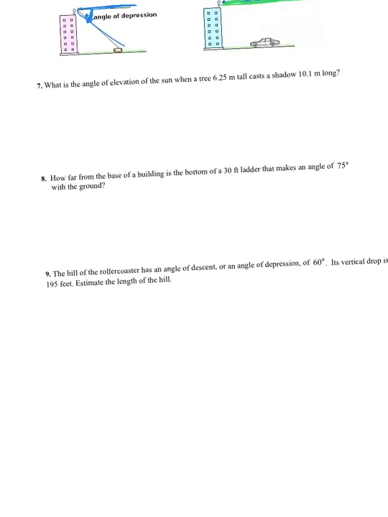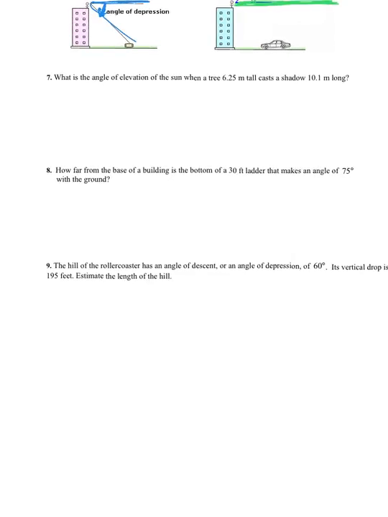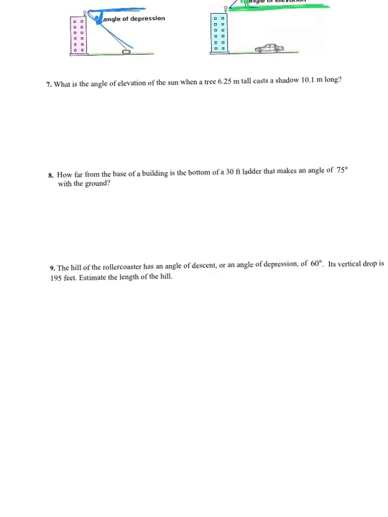So number 7 says, what is the angle of elevation of the sun when a tree 6.25 meters tall casts a shadow 10.1 meters long? All right, so I'm kind of a visual learner, so I'm going to draw a tree. Okay, and then we have the sun, which I'll just put here. Just think about how a sun casts a shadow.